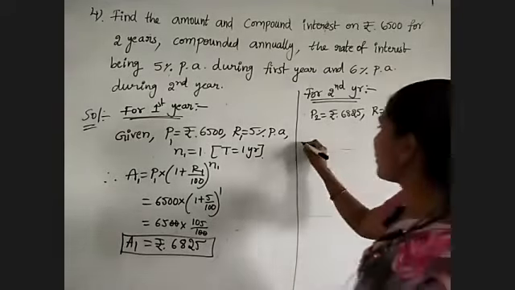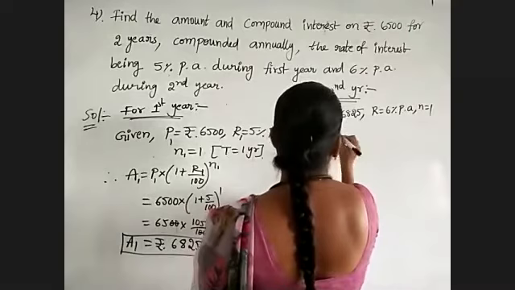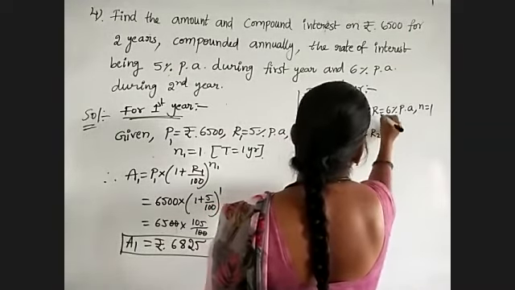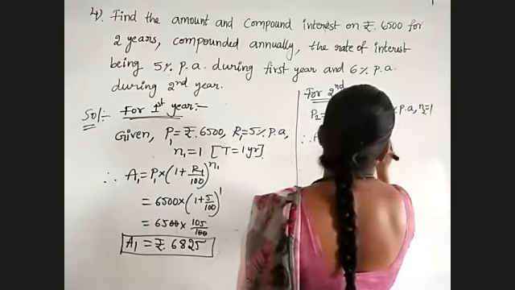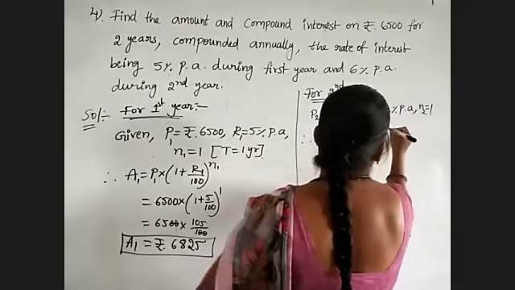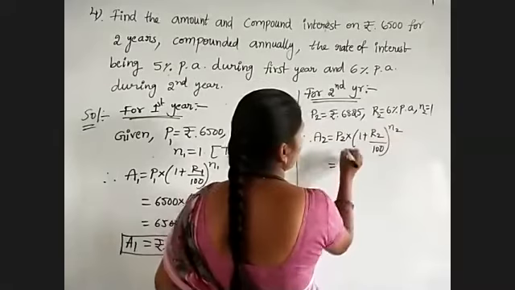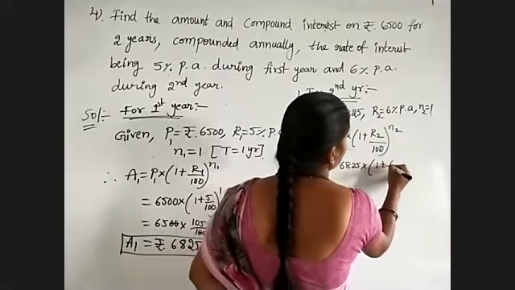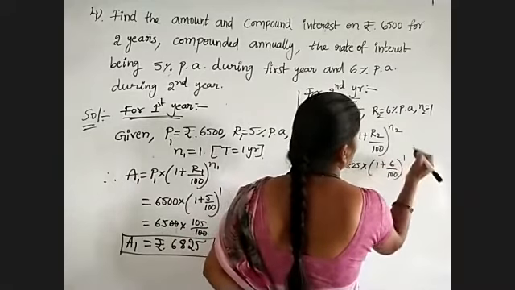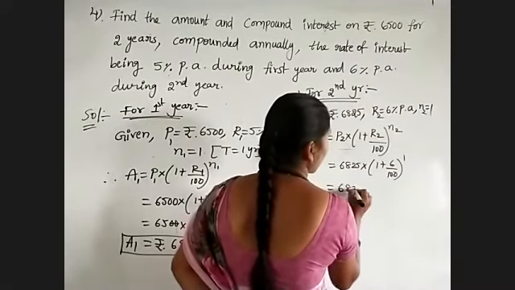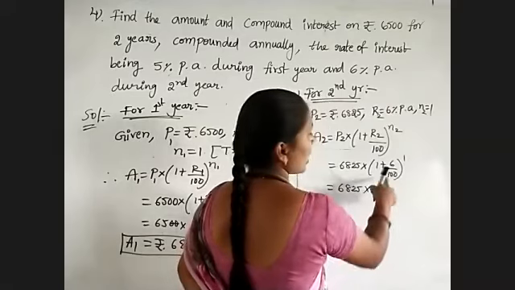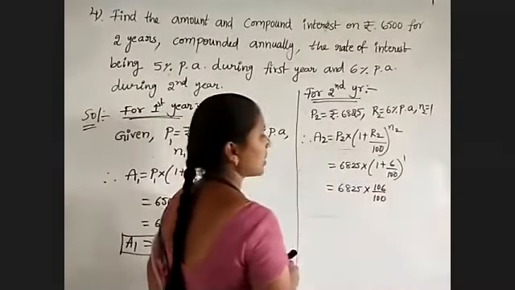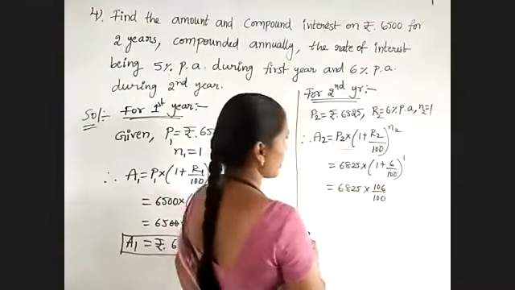Okay, therefore the amount will be equal to P2 into 1 plus R2 by 100 whole to the power of N2. So which will be equal to P2, 6,825 into 1 plus 6 by 100 whole to the power of 1. So 6,825 into 106 by 100. So do the calculations and find out what will be the value.